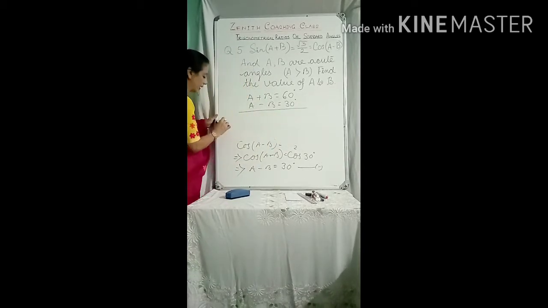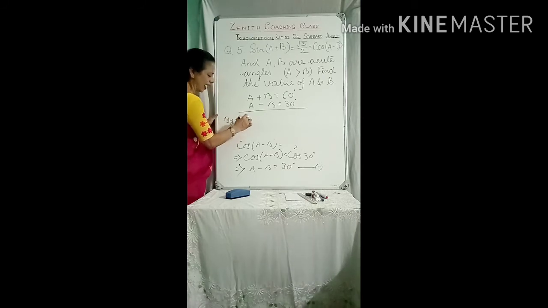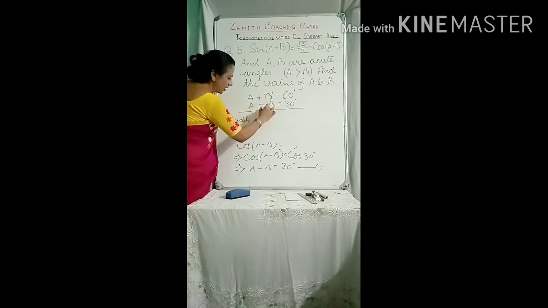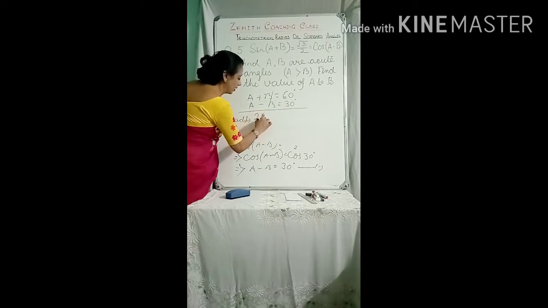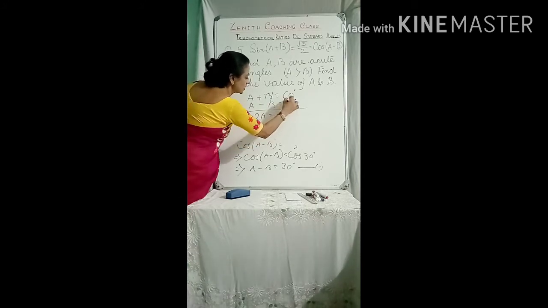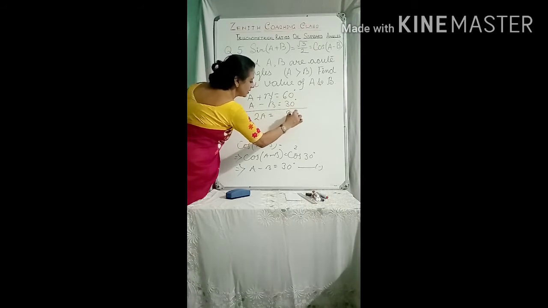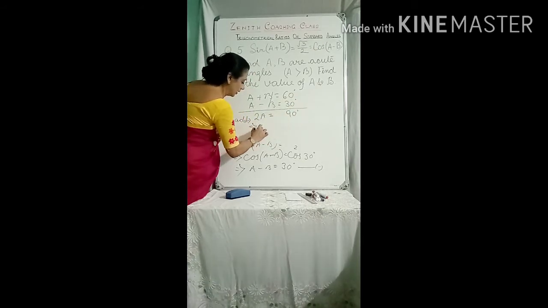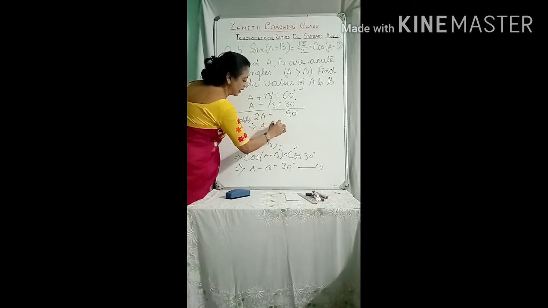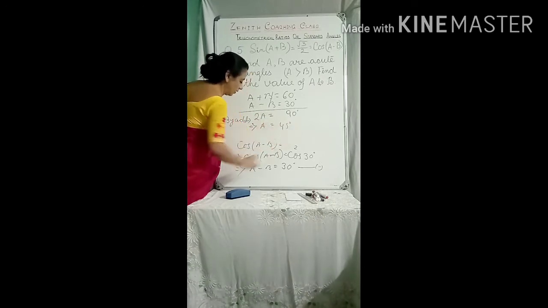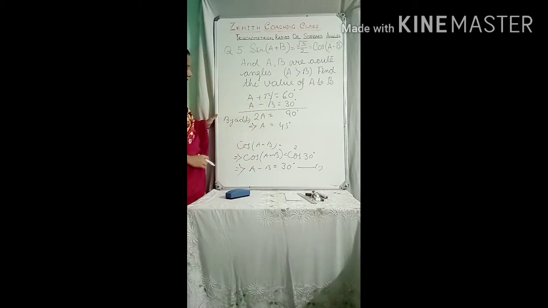By adding, B cancels here. So 2A equals 60 plus 30, that is 90 degree. This implies that A equals 90 by 2, and 90 by 2 equals 45 degree.